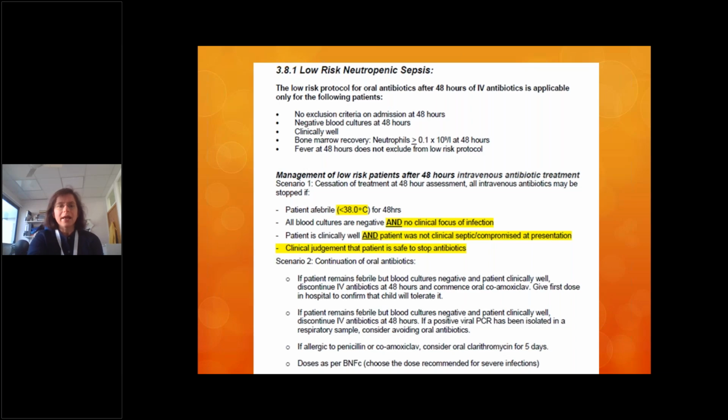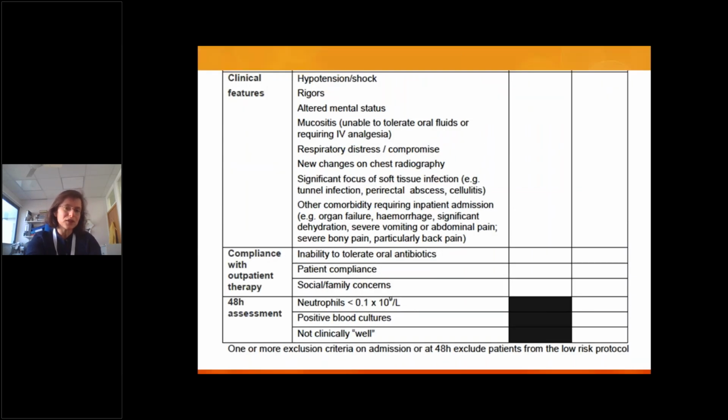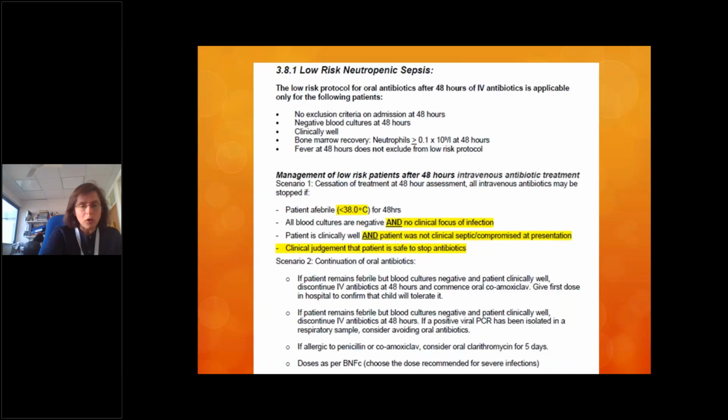Okay, so what do we define as low risk neutropenic sepsis? We have just seen the criteria based on diagnosis and the treatment protocol. It's essentially a child typically with a solid tumor or with an ALL in maintenance who presents well and has no additional risk comorbidities.